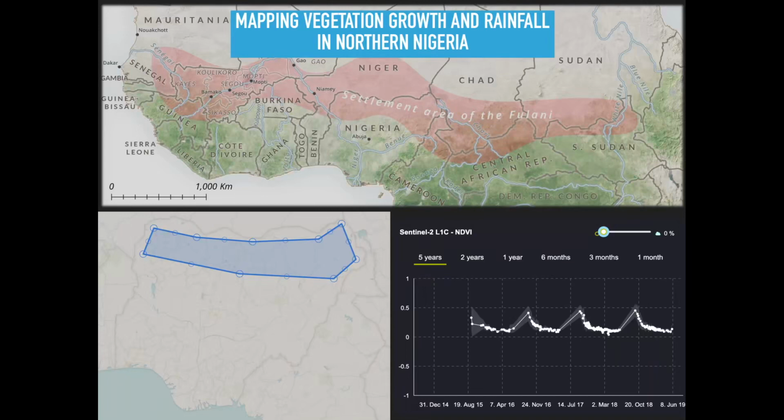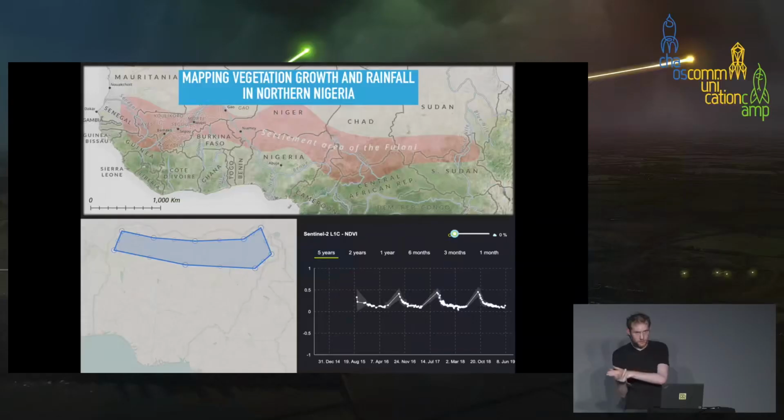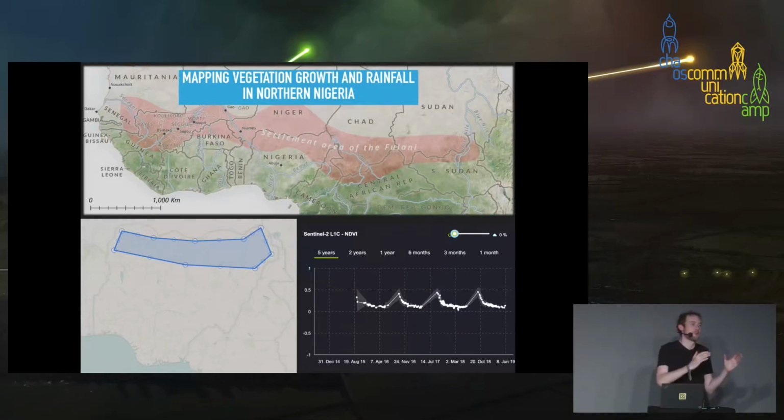Then I use the tools this program has to look at hundreds of individual satellite images, and graph over time how much vegetation there was, and by proxy how much rainfall there was.